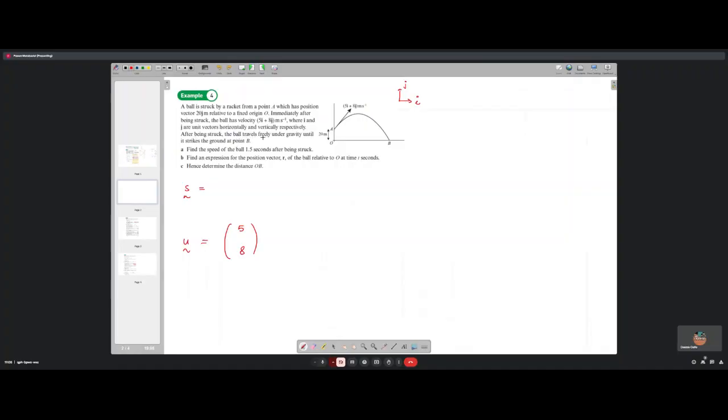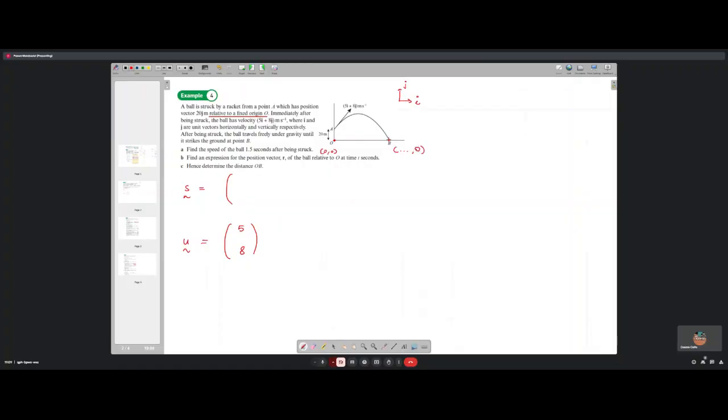After being struck, the ball travels freely under gravity until it strikes the ground at point B. So this is quite important. We don't know what the displacement is vertically and horizontally, but actually that's kind of a lie, because this is very important: notice it's relative to this origin O, right? So this represents 0, 0. If you were to look at B here, for example, B would be something, but notice we know that the last coordinate is 0.